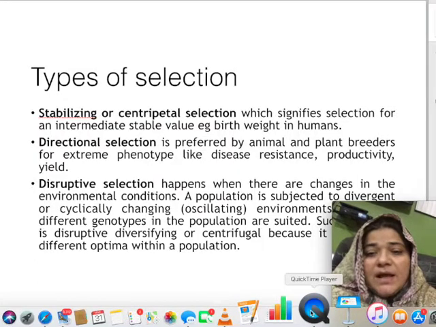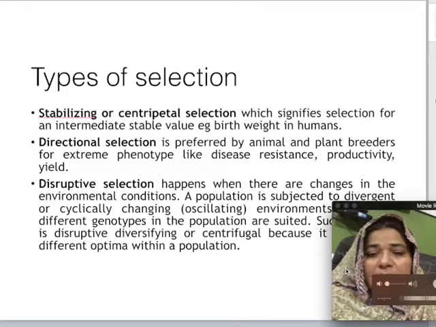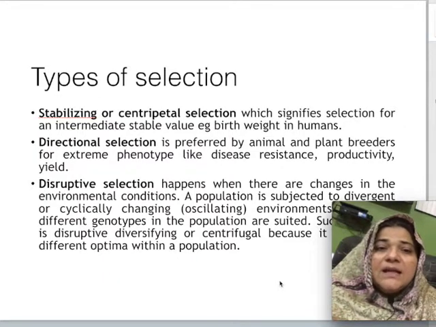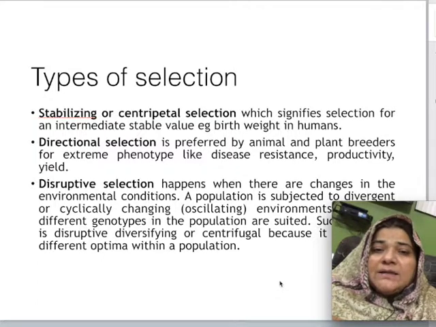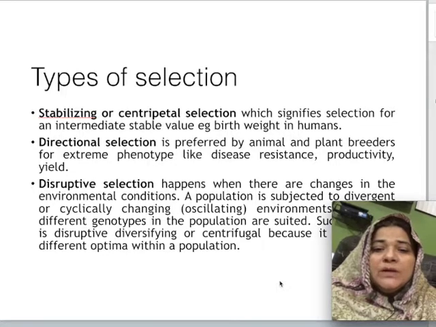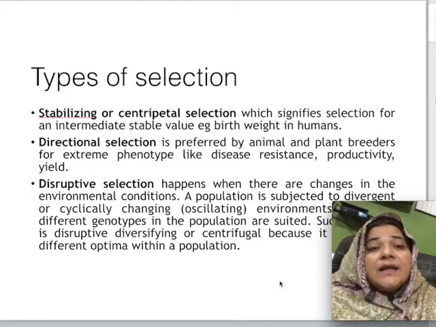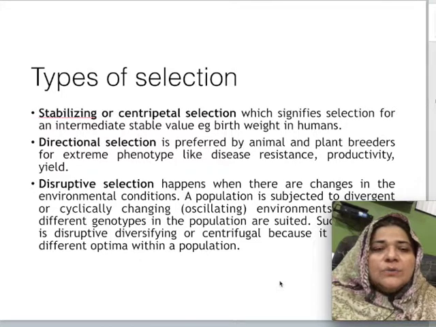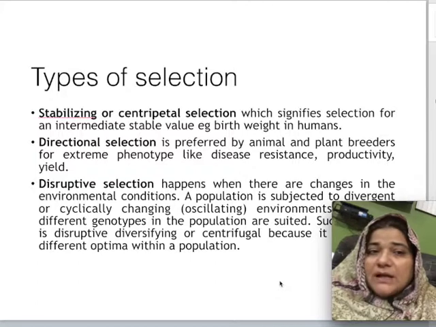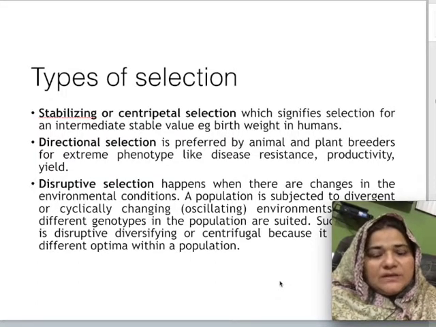Remember, yesterday I showed you a chart of stature in human beings, in which we saw how a certain range of height is more frequent in the populations, and if there is any extreme case of height, more or less, that is selected against, and the average value of, let's say, birth weight or height is maintained in the population. That is called stabilizing or centripetal selection.